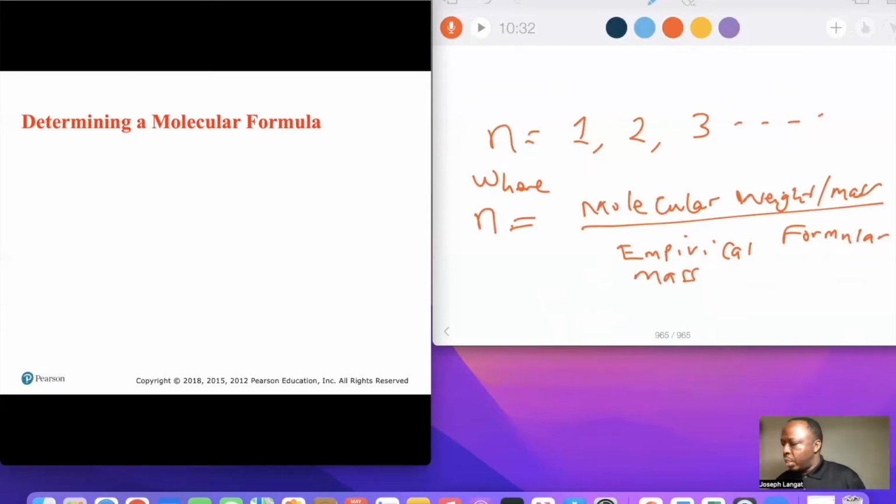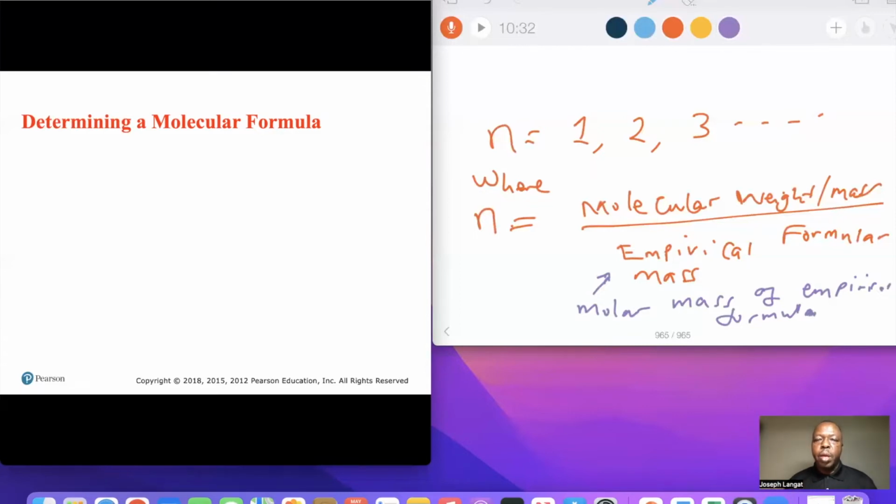This is just the molar mass of the empirical formula. So the lower part, the denominator, is simply the molar mass of the empirical formula.